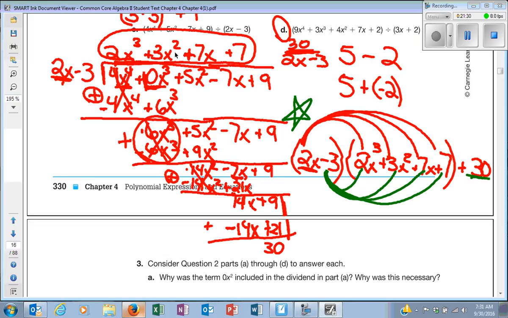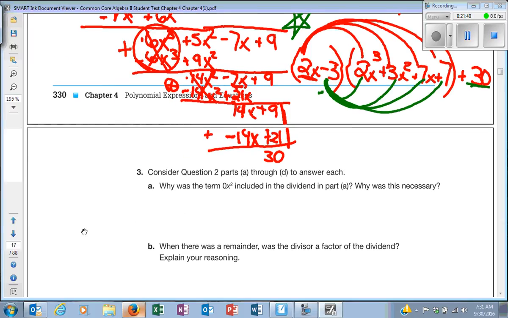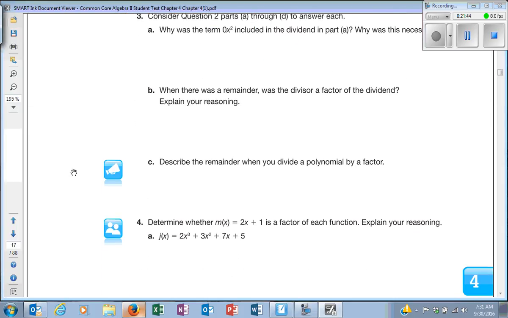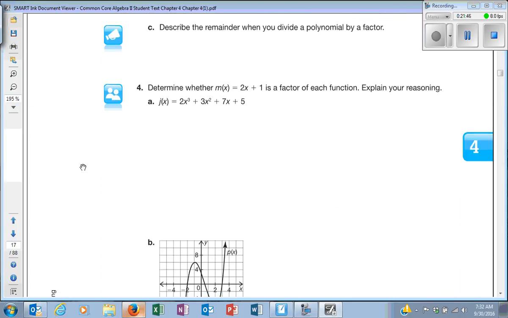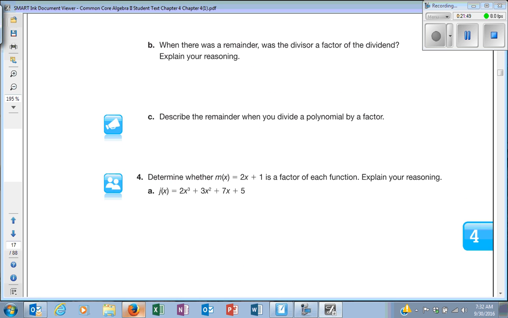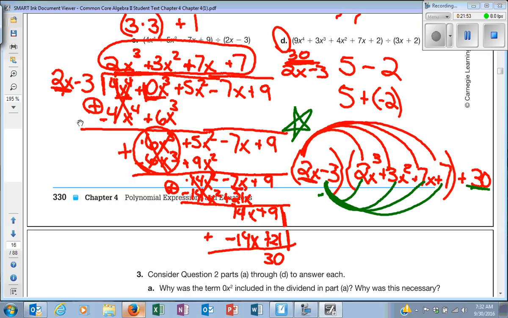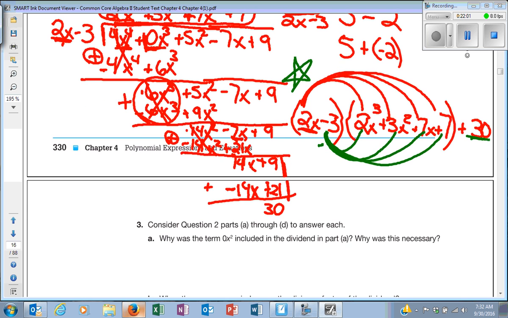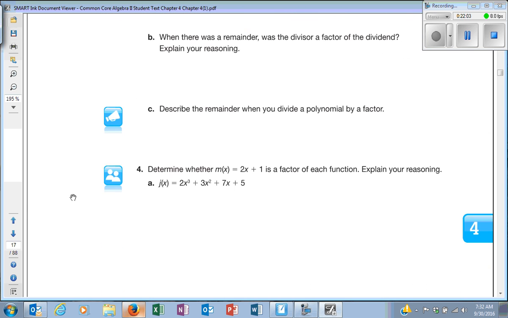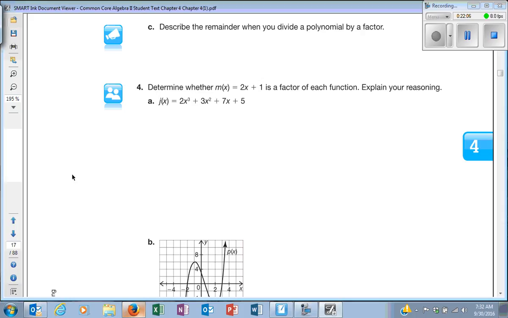Put a little star and put check that answer because we really need practice on this skill. All right. Try this one for homework.